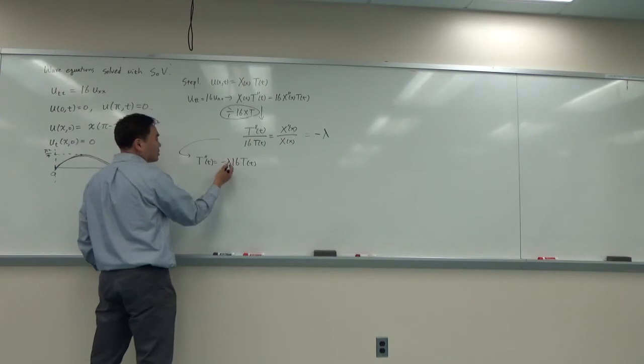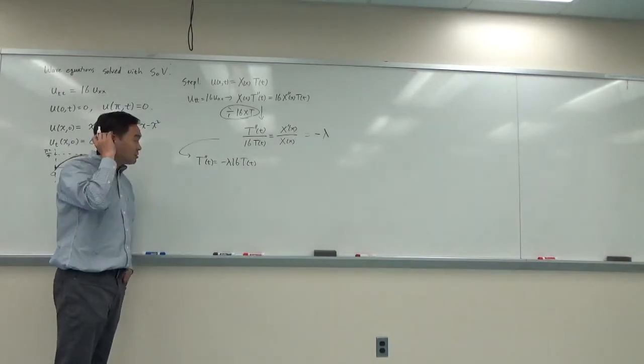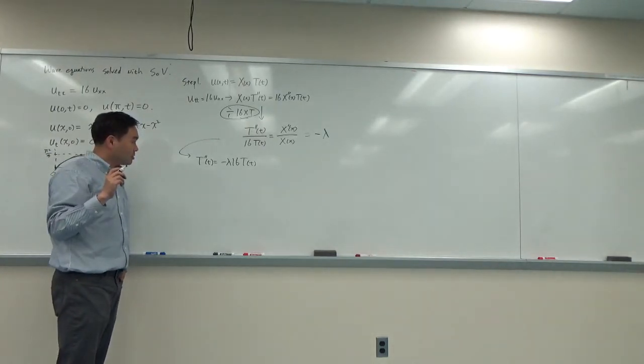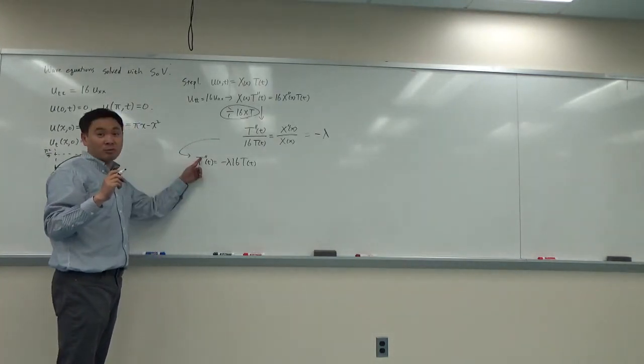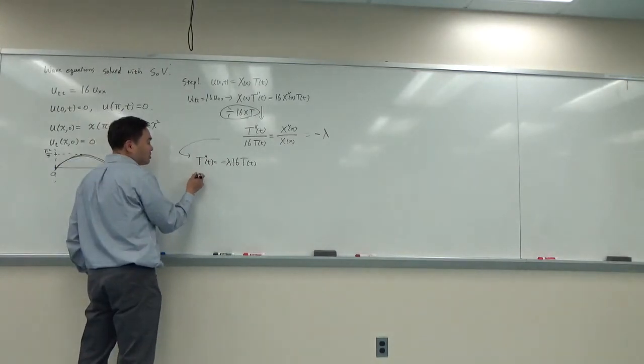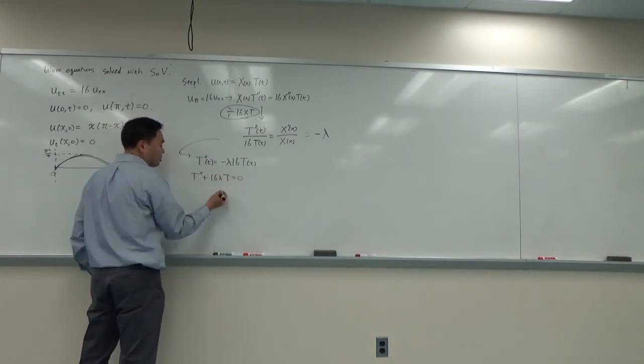Oh, but this time it's not simply e to the negative lambda times 16, because this is a second derivative, so we actually have to solve this. So what is this in general? It's T'' plus 16 lambda T equals 0.